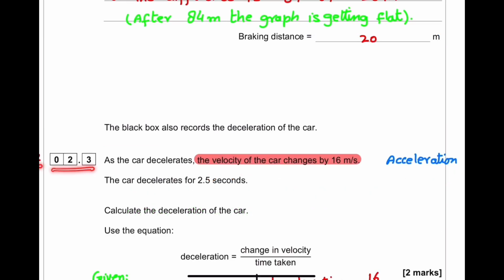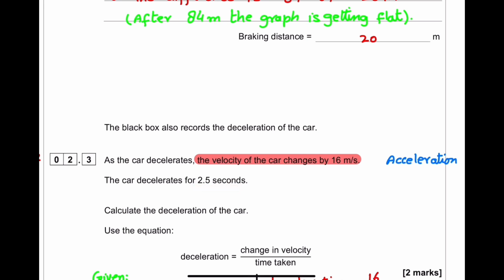2.3 is an AO2 question, and this question is from the topic of acceleration. As the car decelerates, meaning slowing down, the velocity of the car changes by 16 meters per second. The change in velocity is already given, that is 16 meters per second. A car decelerates for 2.5 seconds. So time is already given, that is 2.5 seconds.